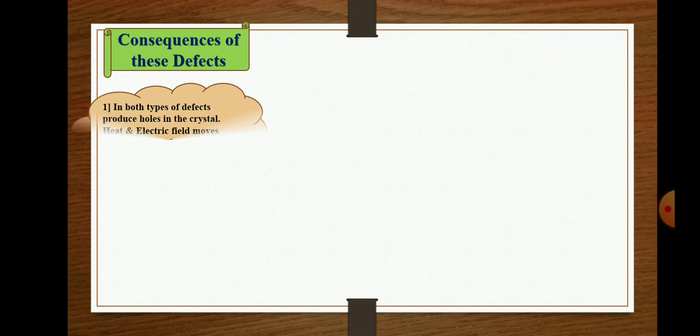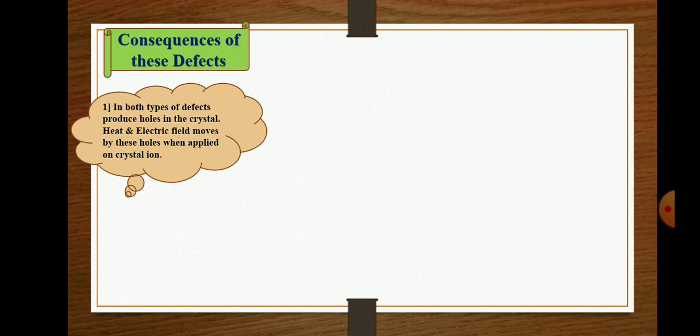Now very important consequences of these defects are observed in a solid structure, that now we have to learn. Number 1, both types of defects produce holes in the crystal. Heat and electric field move by these holes when applied on a crystal. So very important consequence we have to learn in some time.